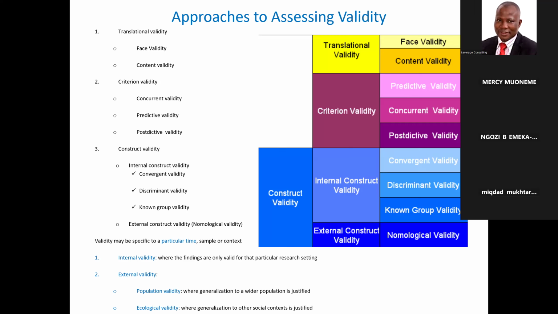Now, external validity can be population validity, where generalization to a wider population is justified, or ecological validity, where generalization to other social contexts is justified. You just say work done in Southeast Nigeria, and they did it in just one local government in Umuahia.